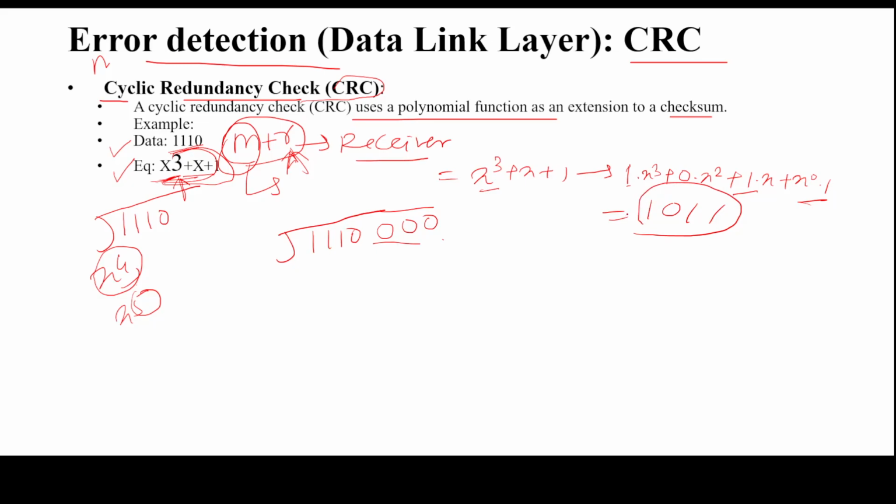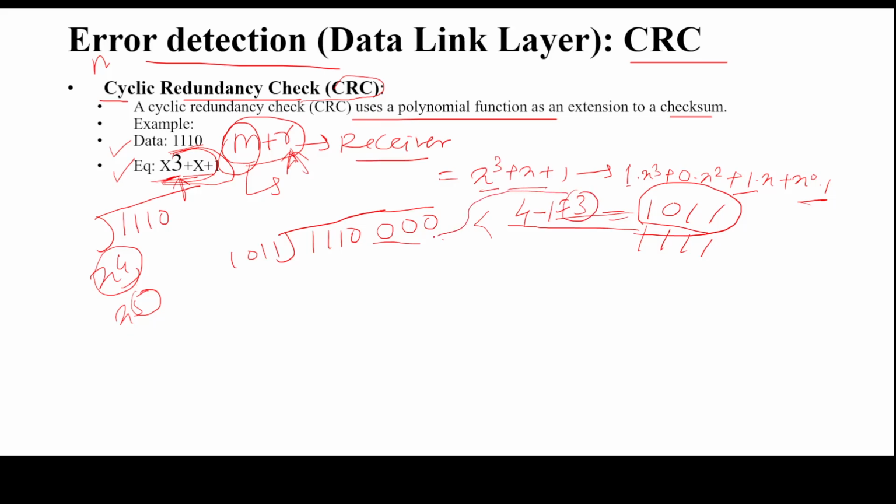So this is our converted divisor. The divisor is 1011, right? In the divisor, based on this equation, how many bits are there? Total 4 bits: 1, 2, 3, 4. So through this divisor also we can check how many values need to be appended. The divisor has 4 values, minus 1, so the output will be 3.